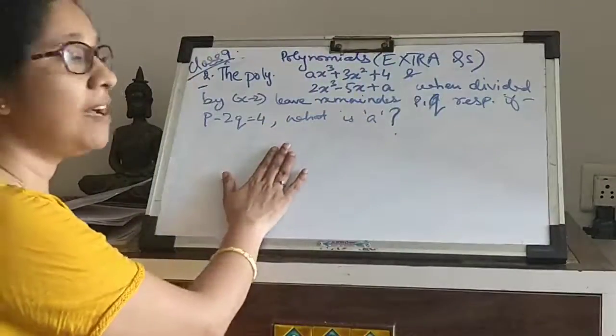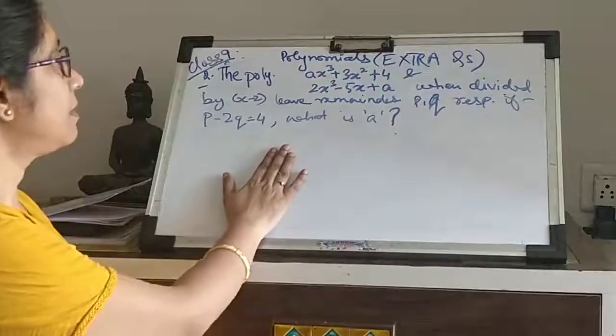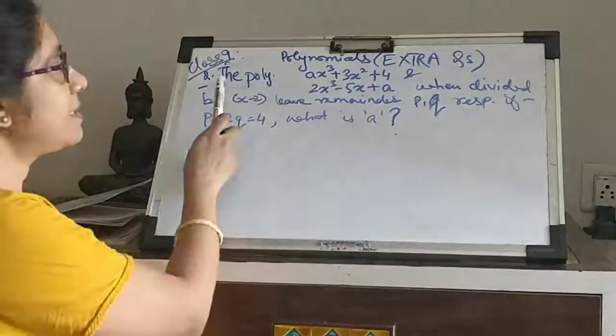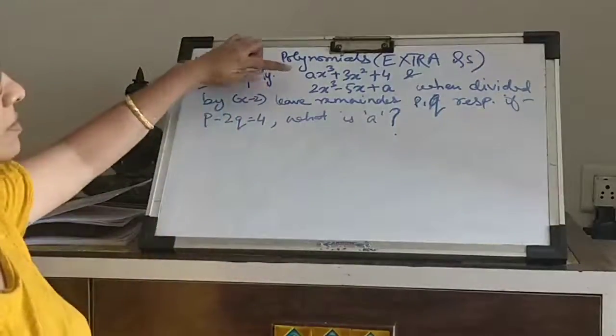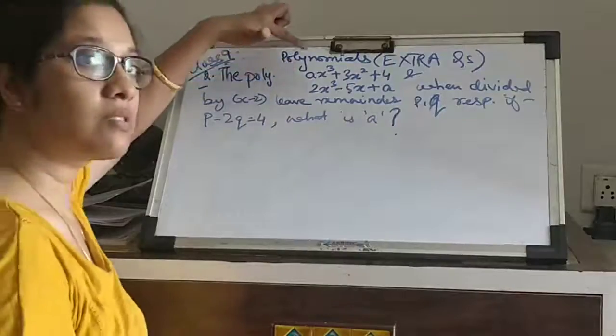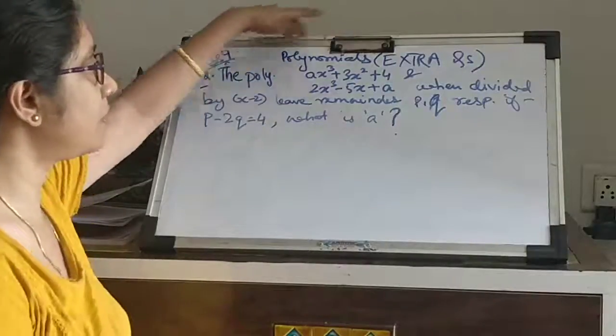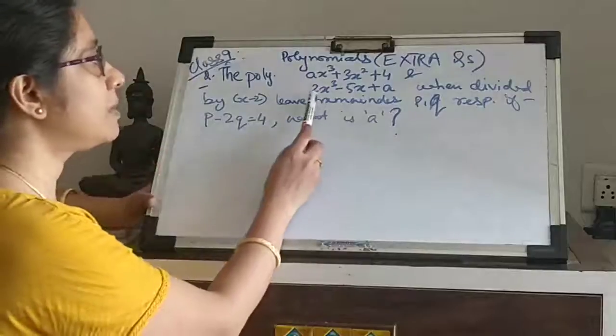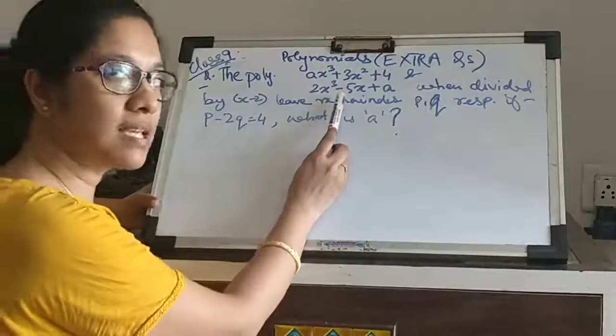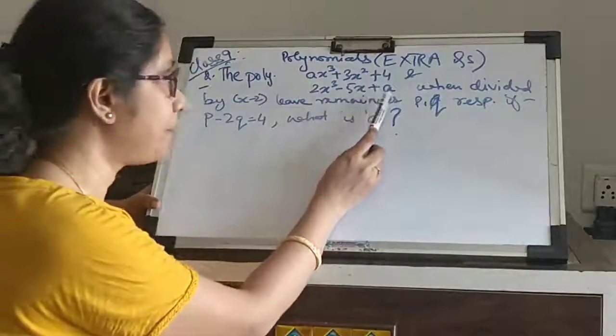So we have been given a question where it says that we have two polynomials, ax cubed plus 3x squared plus 4, and one more polynomial, 2x cubed minus 5x plus a.